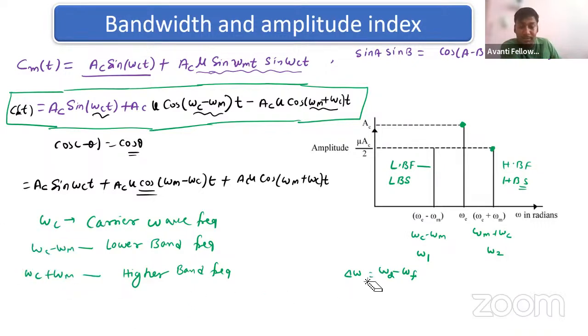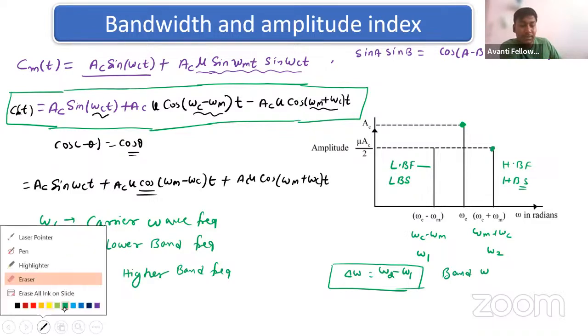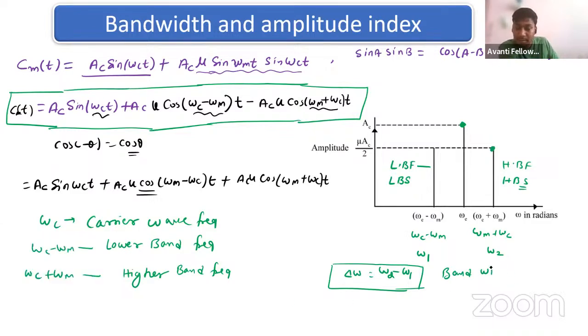This will be the bandwidth. Now, in terms of frequency only, this will be equal to f2 minus f1.